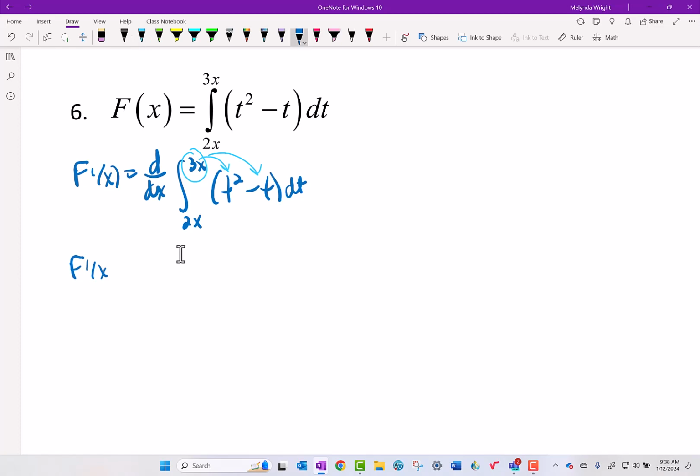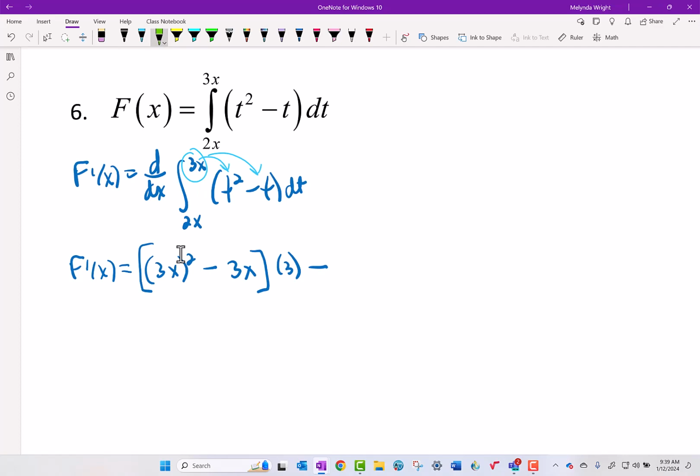So f prime of x is 3x squared minus 3x. Do I have to do anything with the 3x? I do. I have to chain it, so this whole thing is multiplied by 3. Minus, because that's what the formula does.